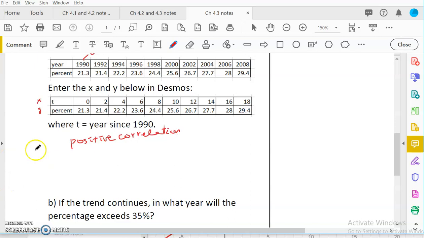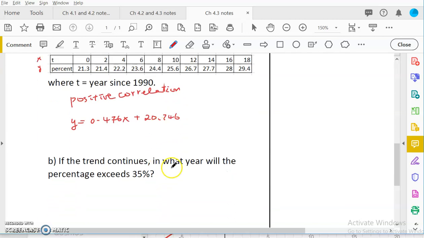Very easy. You don't have to do any calculation. y equal to 0.476x plus 20.746. Okay, if the trend continues, in what year would the percentage exceed 35%?